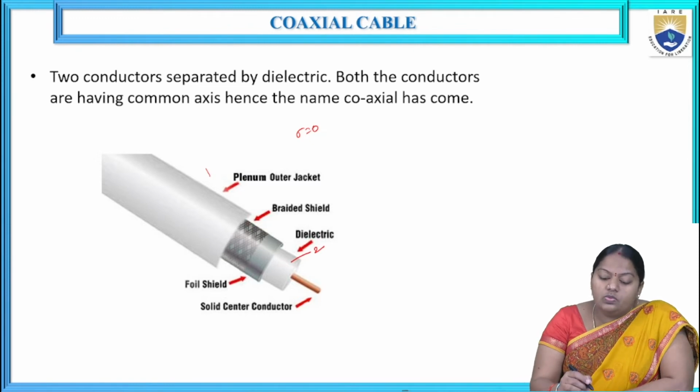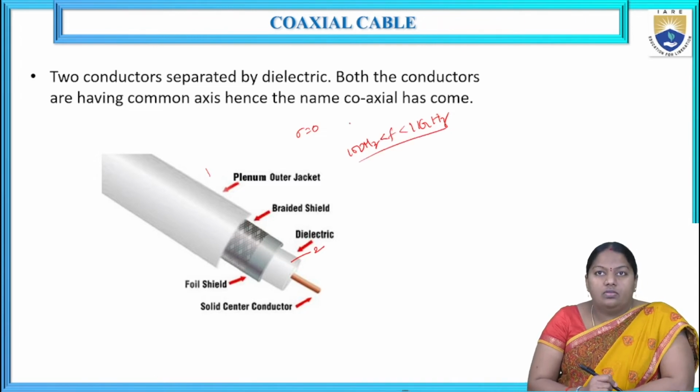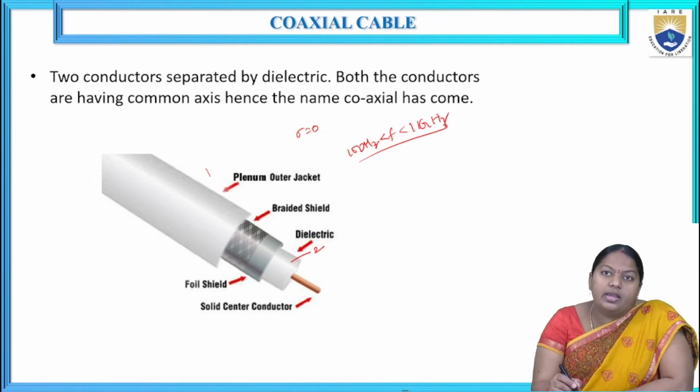In this we can transmit signals up to 1 gigahertz, meaning a range of 100 megahertz to 1 gigahertz is possible through coaxial cables.